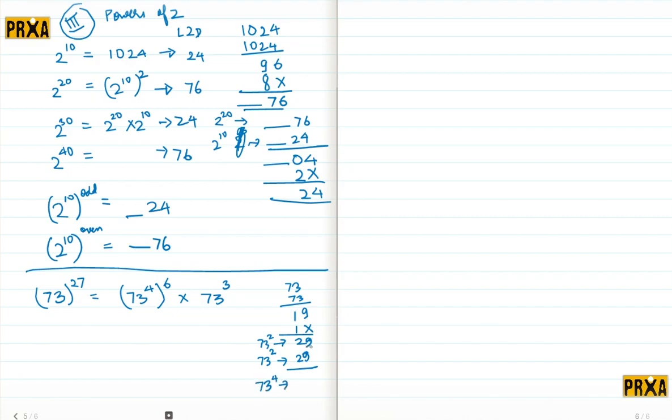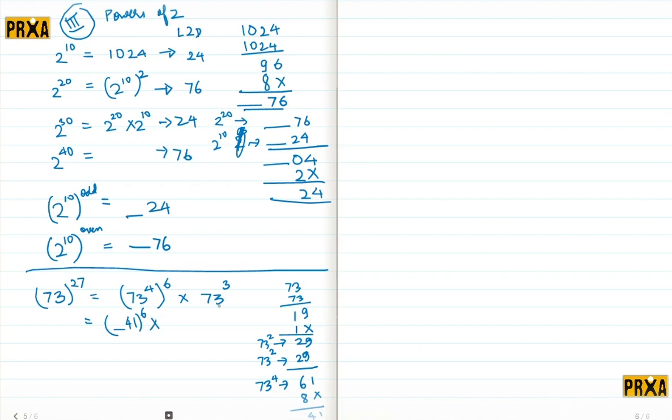Okay, so what I'll get here is 9 times 9 81, 8, 9 to the 18 and 8 26. So I'll just write a 6 here, 9 to the 18, and I get 1 and 4. Okay, so this is 41, something 41 to the power 6 multiplied by 73 cube.